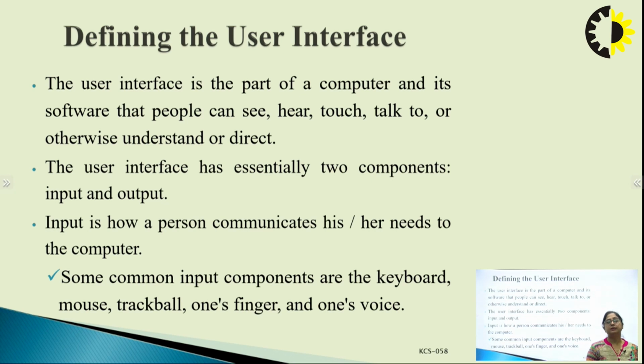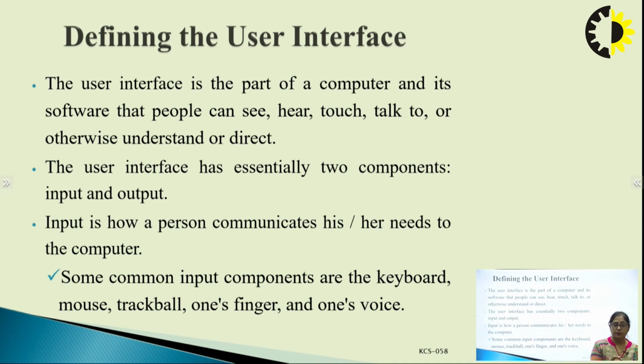And the next one: the user interface is the part of the computer and its software that people can see, can hear, can touch, or can talk to, or otherwise understand or direct. The user interface has essentially two components, the input and the output. Input is how a person communicates his or her needs to the computer.